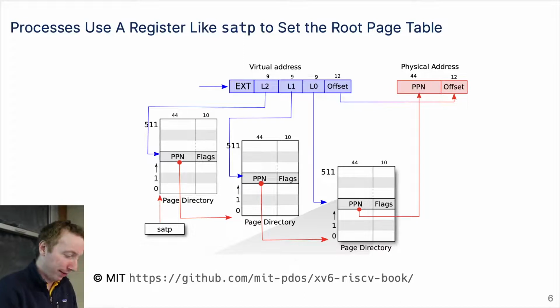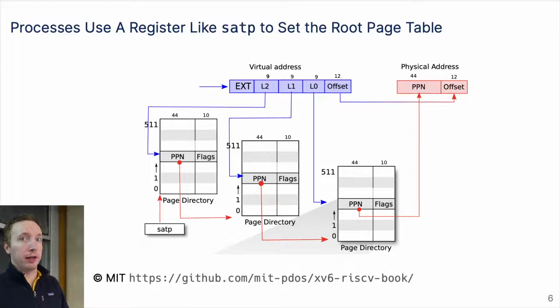The process is, that highest level page table is going to be your root page table. So there's only going to be one. If it's a 30-bit address, there's only going to be one L1 page table. If we go back to our 39-bit virtual address where we have 3 levels of page tables, we would only have one L2 page table.